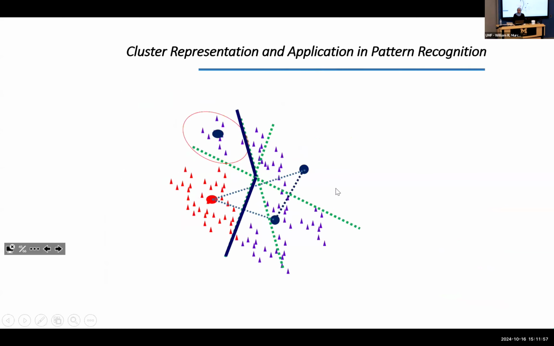And when we divide, we do not only use linear functions, we can also use non-linear functions. In this example, we have two clusters, but one of them is represented with more than one centroid, which is still possible, okay?